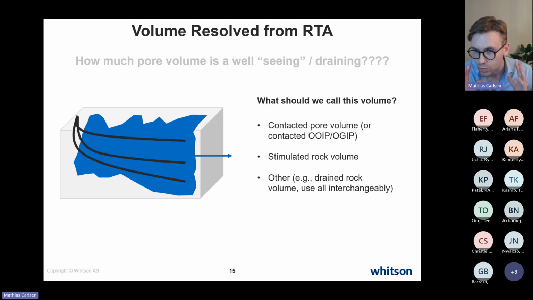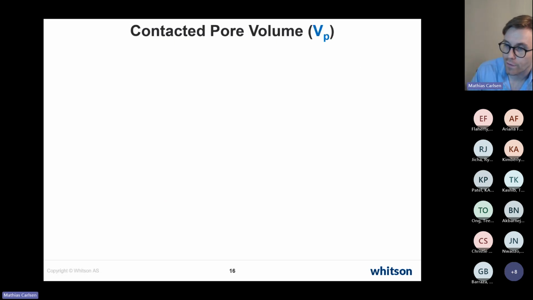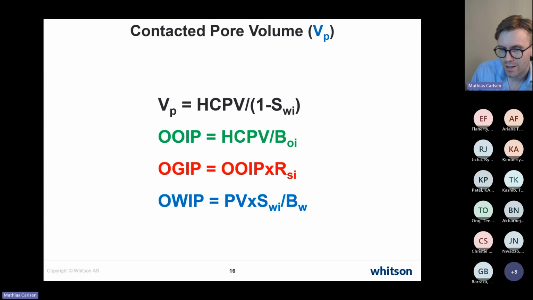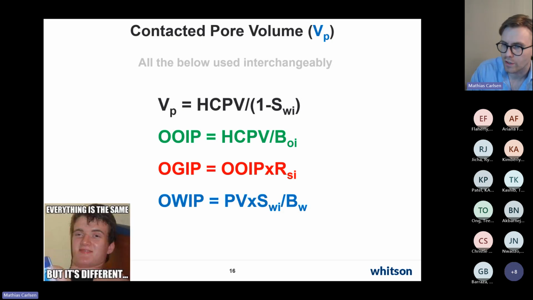So the main exercise with the flow material balance, the only thing we really care about, is the size of the tank that this well is draining. How do we quantify it? It could just be the actual reservoir pore volume. But more commonly, we use the oil in place for oils and gas in place for gas. It really doesn't matter what you use here. You can use all of these interchangeably.